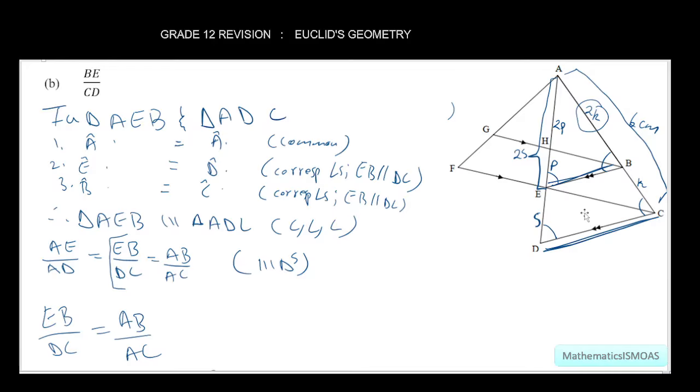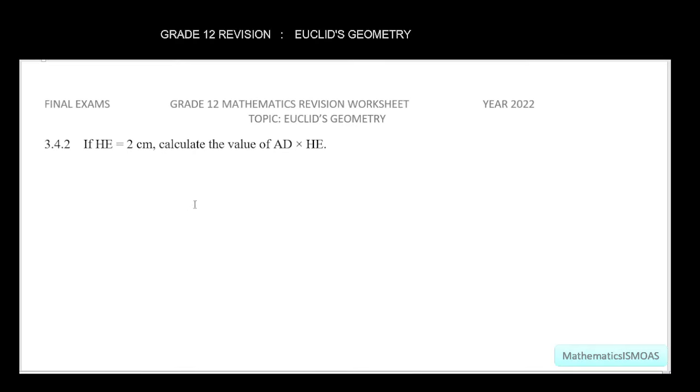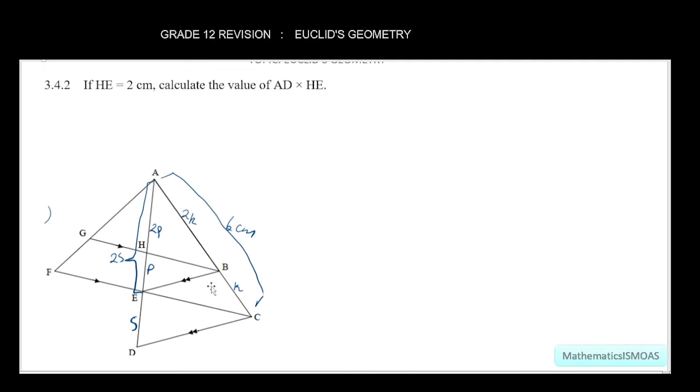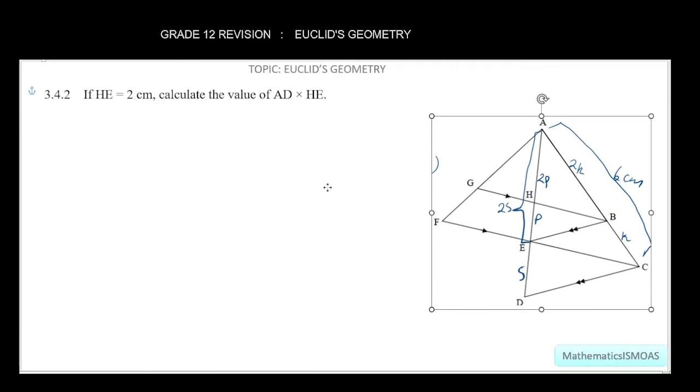Right, and then lastly, let me take our diagram here and put it here. Reposition. All right, now we are told that if HE is equal to 2 centimeters, calculate the value of the product of AD and HE.